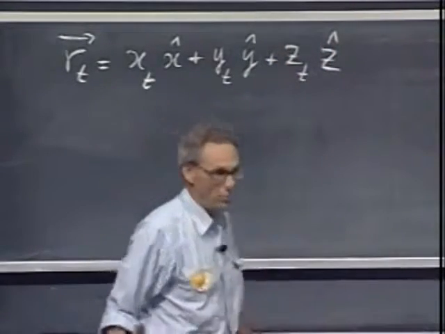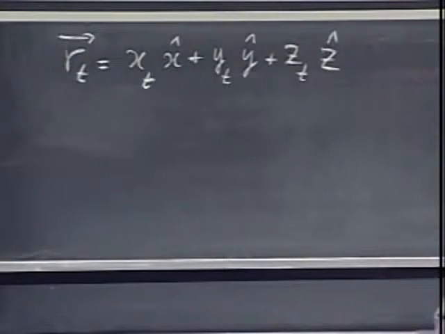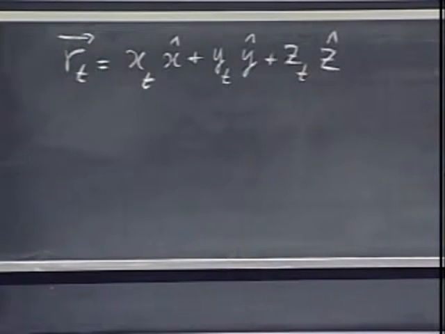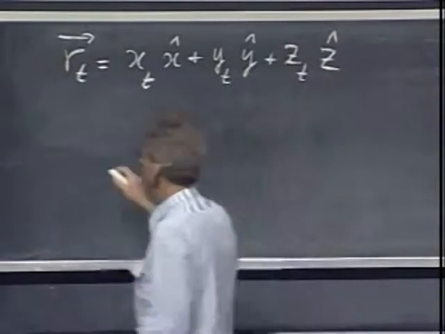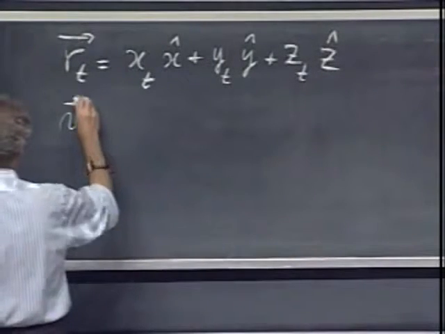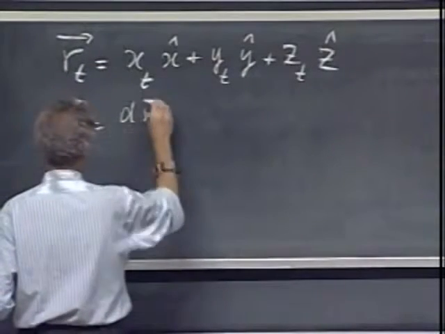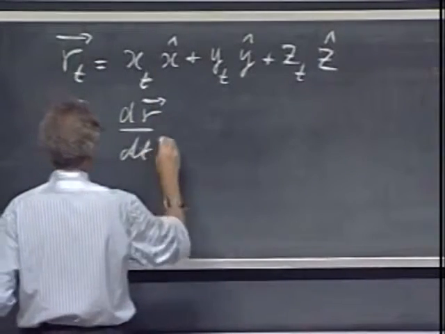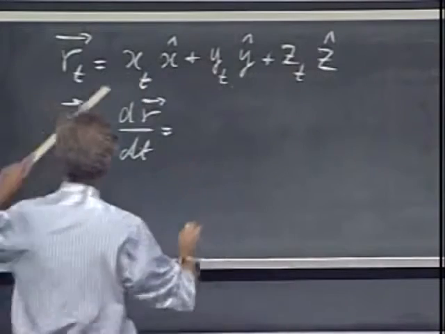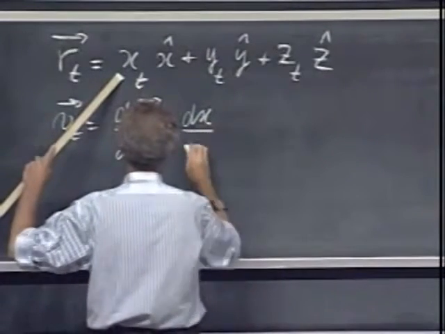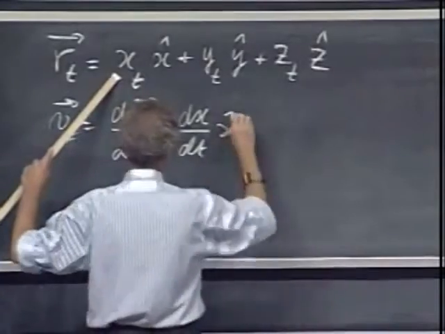I have decomposed my vector R into three independent vectors. Each one of those changes with time. What is the velocity of this particle? Well, the velocity is the first derivative of the position. So that is dr/dt. First the derivative of this one, which is dx/dt x roof.